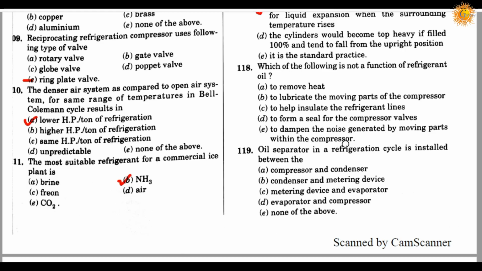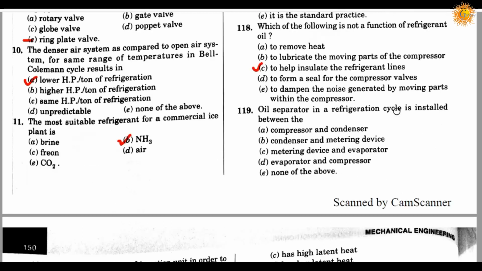So the correct answer will be C, to help insulate the refrigerant lines.